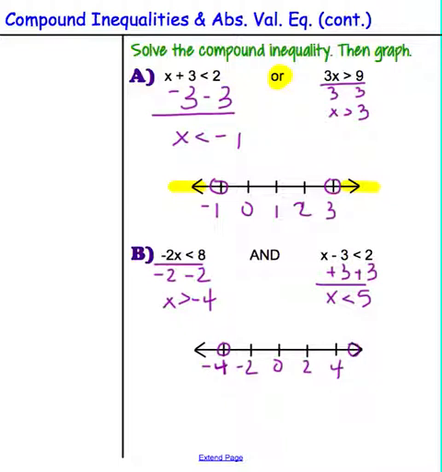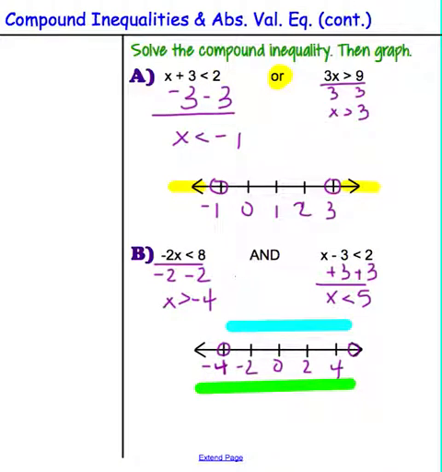And then we're going to get my highlighter. It makes it easier for the shading piece. When we shade this, x is greater than -4 would shade this way. And then x is less than 5 is going to shade this way.